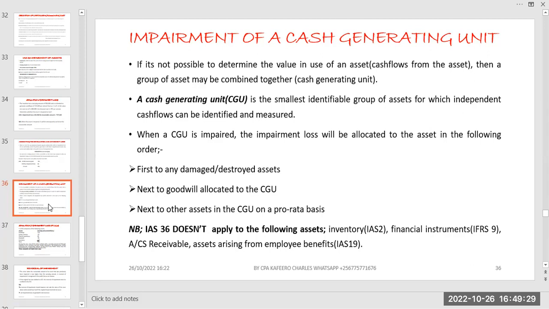You may get scenarios where they are saying, let's say, a certain motor vehicle was involved in an accident and it got damaged, or there are so many scenarios which they may use for you to be able to identify the damages that have gone to the asset.